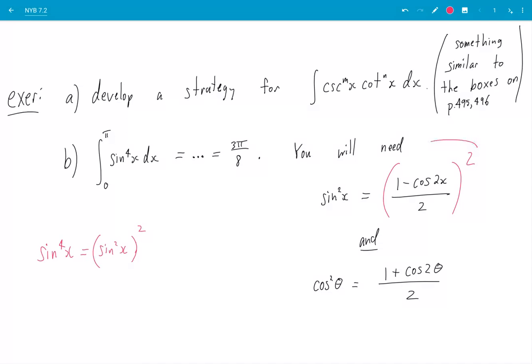Now, when you work out this awful thing, you will have a cos squared 2x appearing somewhere. And to deal with that, you're going to have to use this formula. So, not fun, but it builds character and is well worth your time. Let me put those things back.